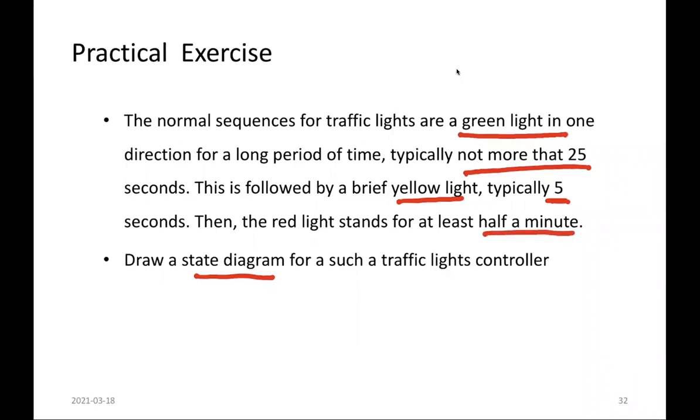So if we are interested in building a state diagram, I can clearly see that we have 3 states. It could be green, or it could be yellow, or it could be red.